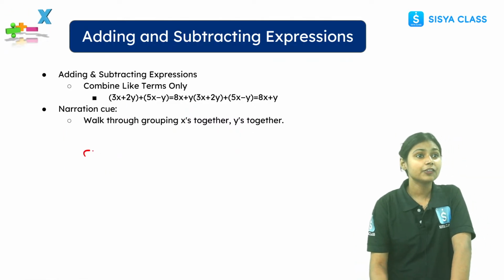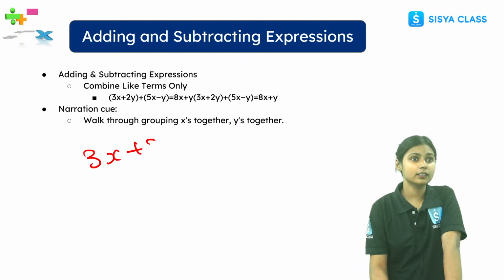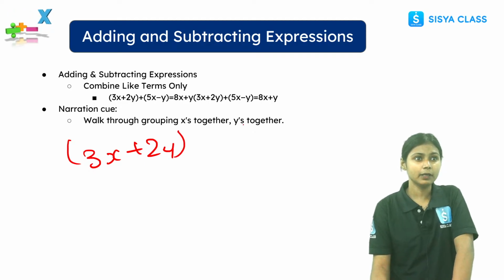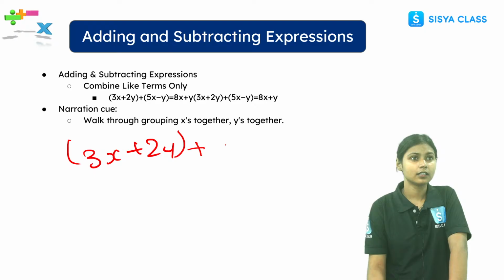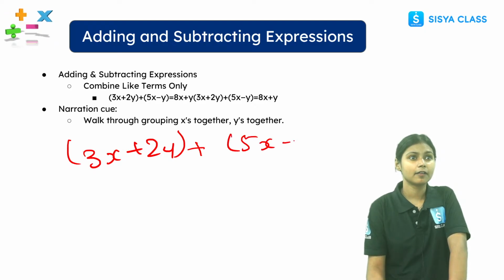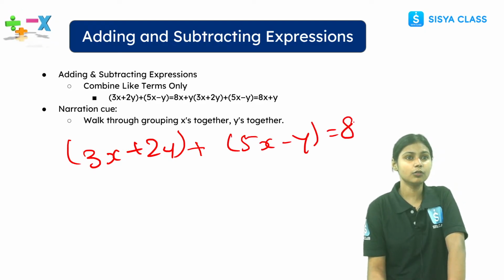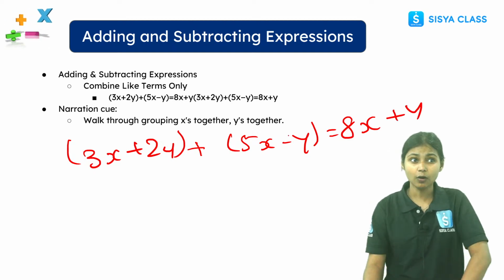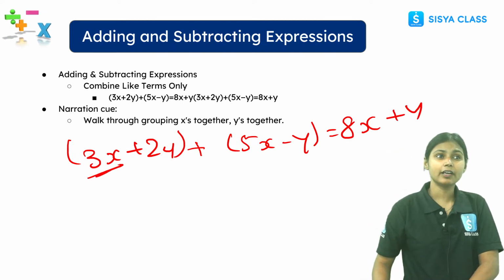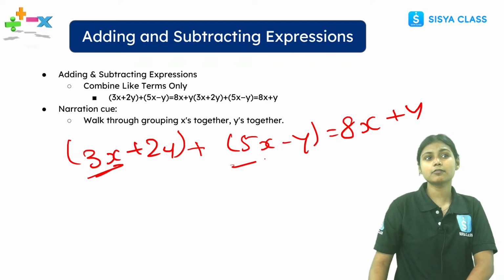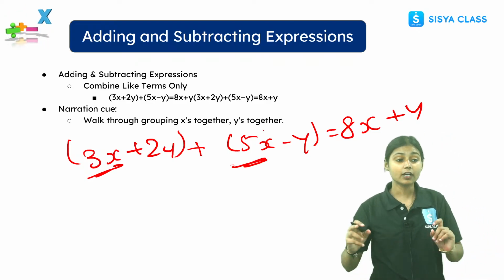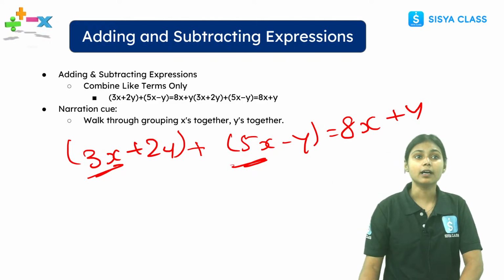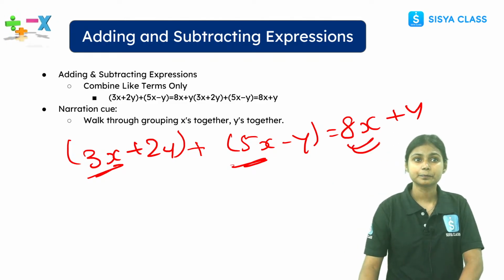So 3x plus 2y plus 5x minus y is equal to 8x plus y. How? We first add 3x plus 5x, which becomes 8x.